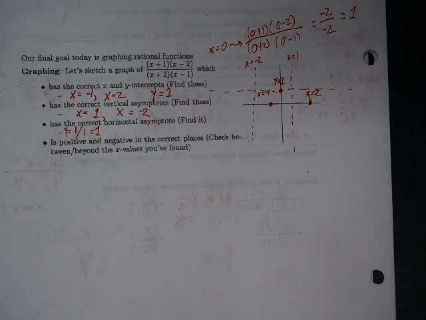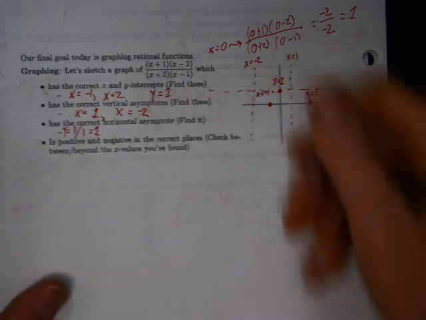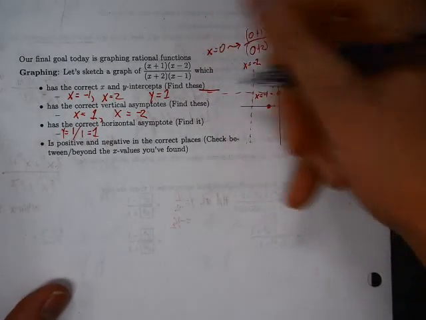Negative 10 quadrillion. I'm not sure if that's a number. I know where the horizontal asymptote is. It's at 1. So when x is negative 10 quadrillion, the y value should be close to 1. Is the y value close to 1 positive or negative? Positive. And you see, I didn't have to do any computation. I know that it should be positive because it has to be close to this asymptote.